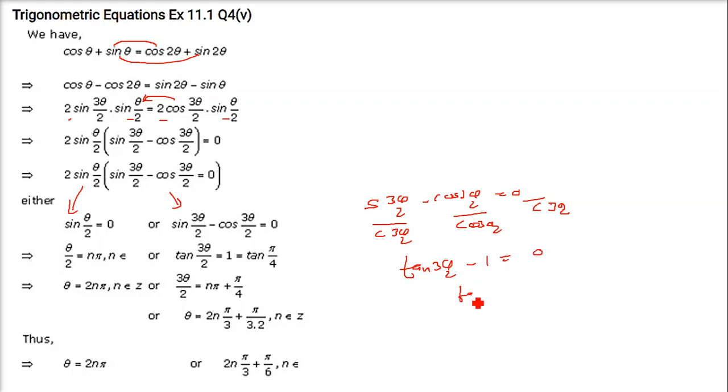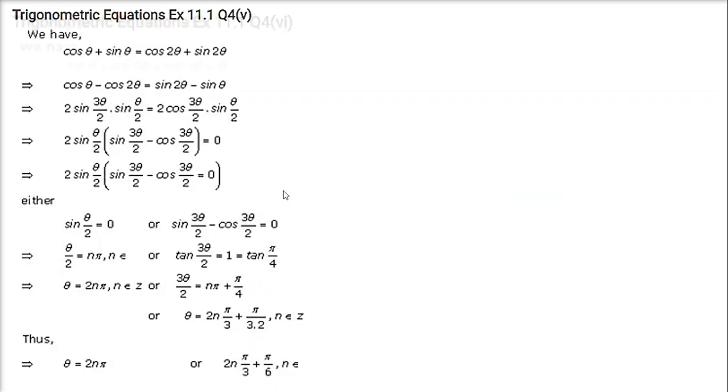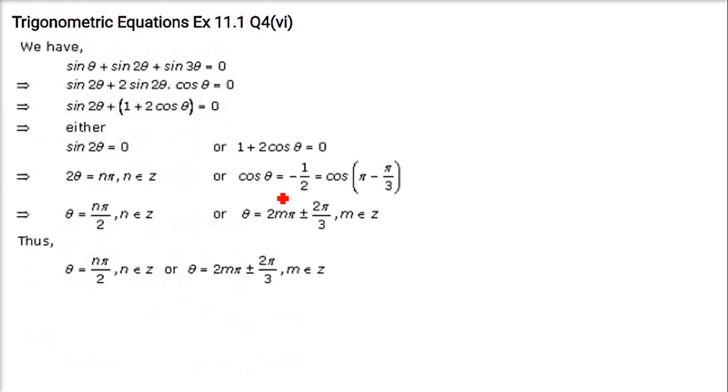So tan 3 theta by 2 is equal to 1. For 1 you can write tan pi by 4, because tan 45 degree is 1. So 3 theta by 2 is equal to n pi plus pi by 4. Now multiply both sides by 2 by 3. So what do you get? 2n pi by 3 plus pi by 6.